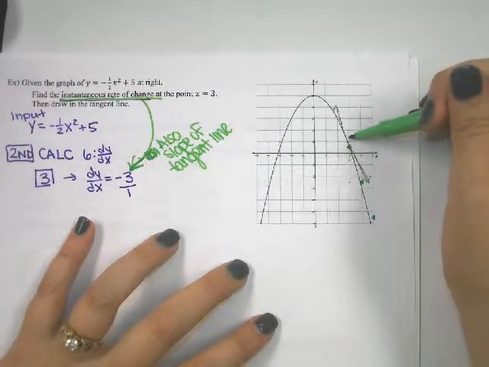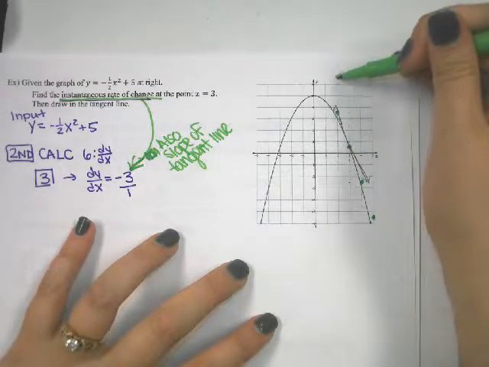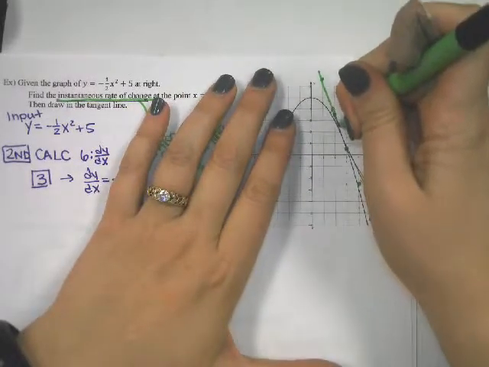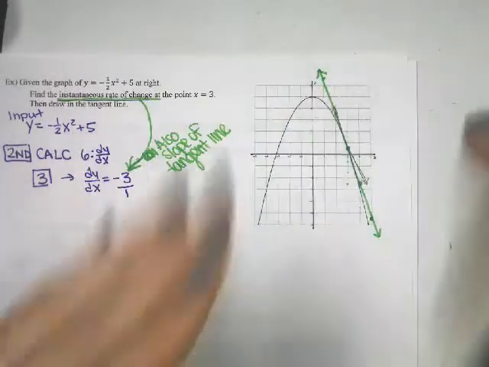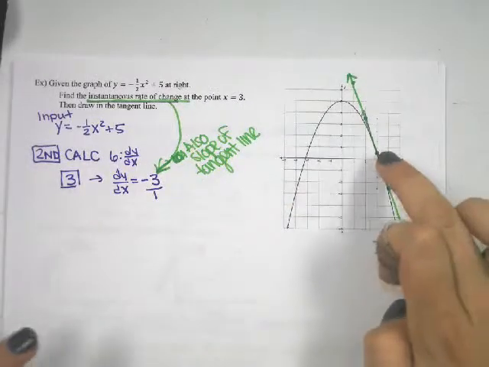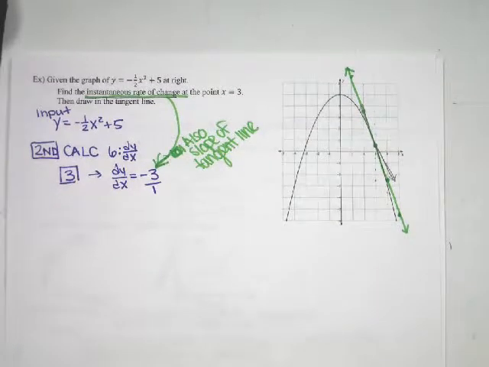I can also go up 1, 2, 3 and back 1. It puts me off my graph a little bit, that's okay. This is the tangent line at that point. It has a slope of negative 3 and intersects at just that one single point. It does have a negative slope, telling us that it is decreasing at that point.